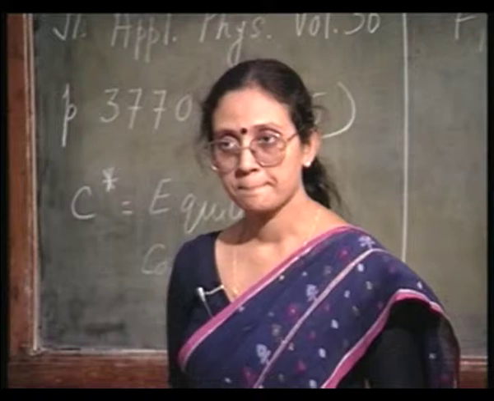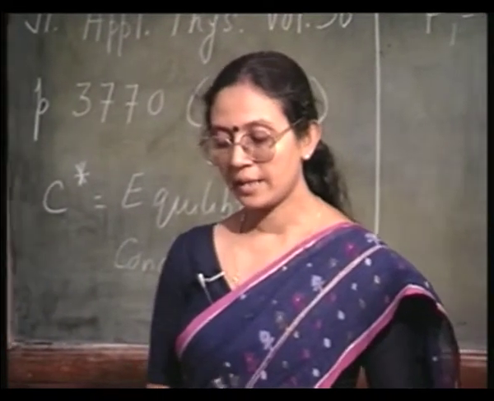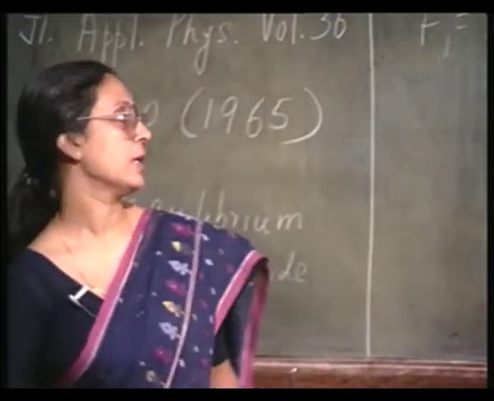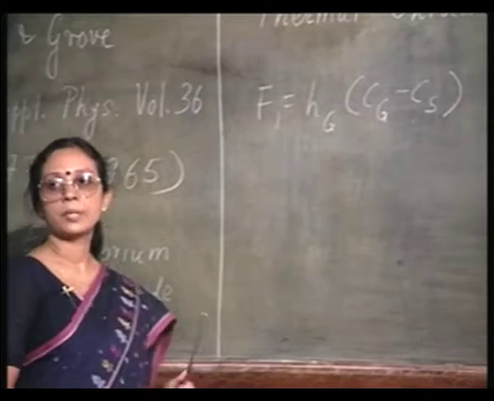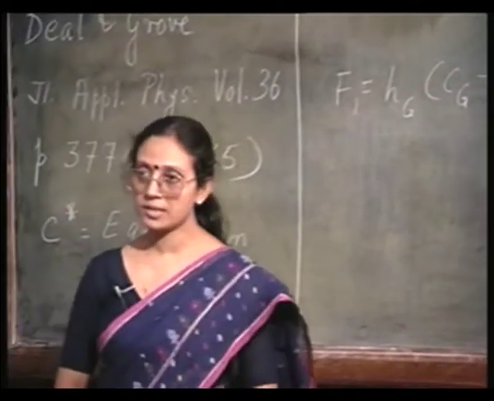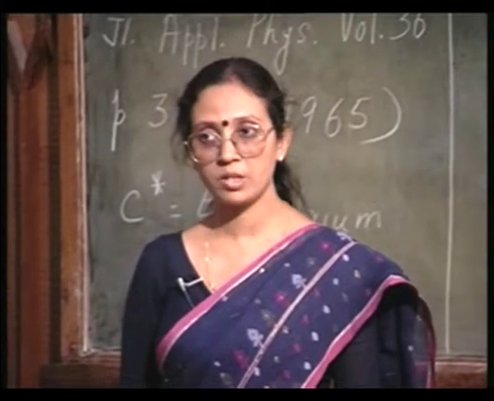Okay. Now, you see, by gas laws, I could replace Cg and Cs by the partial pressure of these oxidizing species, PV equal to kT.